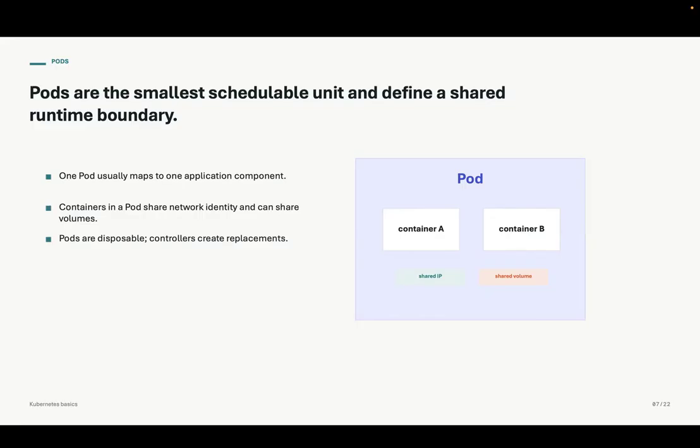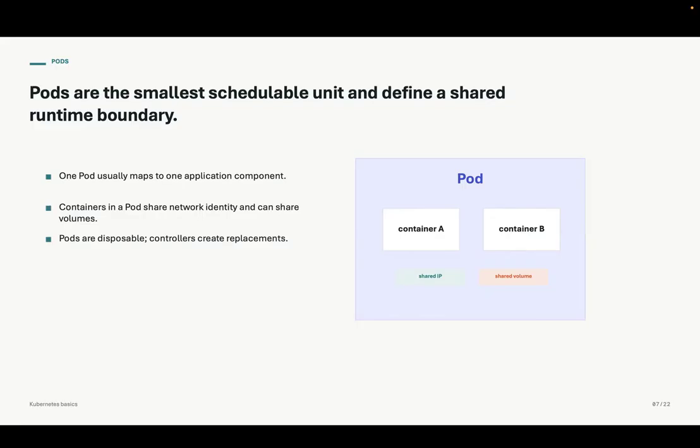Inside a pod, the containers share the same IP address. So if there are two containers, then they share the same networking and they can communicate through localhost. Also, they can define shared volumes so that they can share their state. The most important operational point is that pods are disposable.